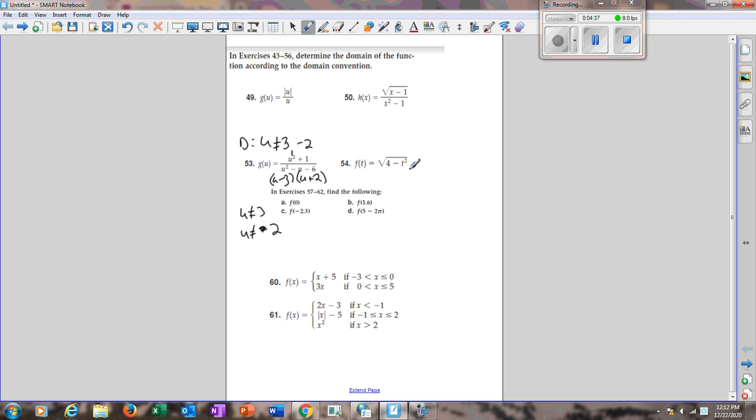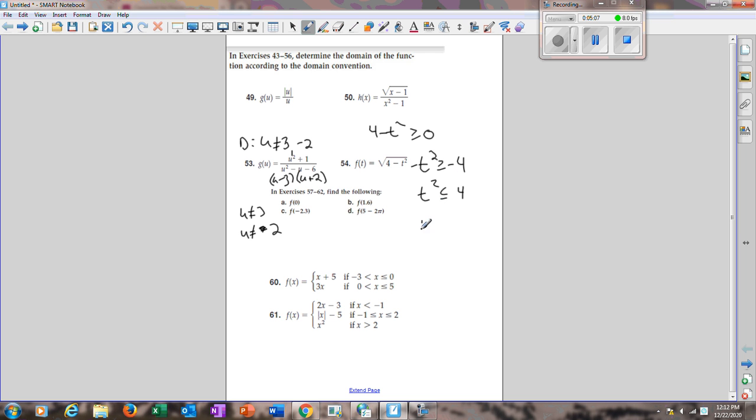Number 54. Again, this cannot be less than 0, so I'm going to do 4 minus t squared has to be greater than or equal to 0. First thing I do is subtract the 4 over. It gives me negative t squared greater than or equal to negative 4. Divide both sides by negative 1. Now when I divide by the negative 1, it flips my inequality.